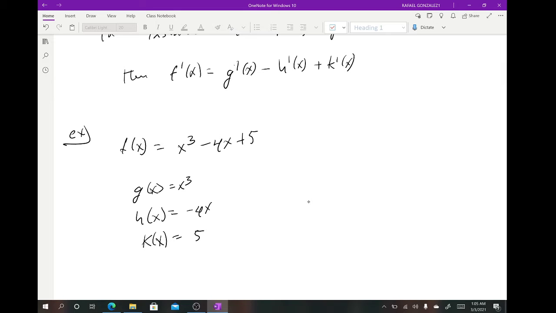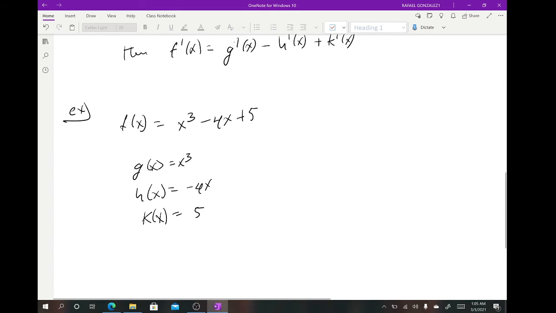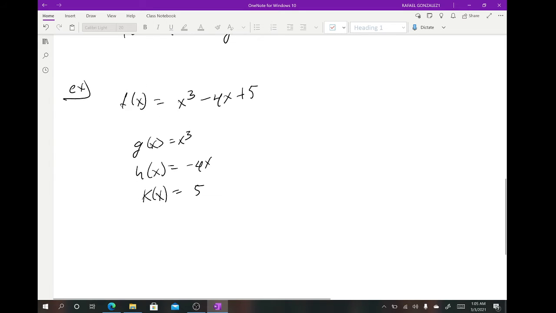By the sum and difference rules, I now know that I can take the derivative of each piece individually and then add it up together, and that will be the derivative of f of x. So f prime of x is simply equal to the derivative of x cubed. Well, what is g prime of x? That's simply 3x squared using the power rule.